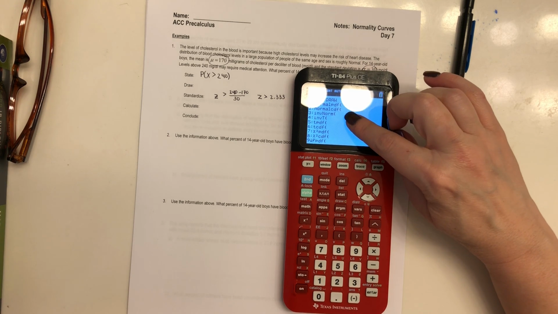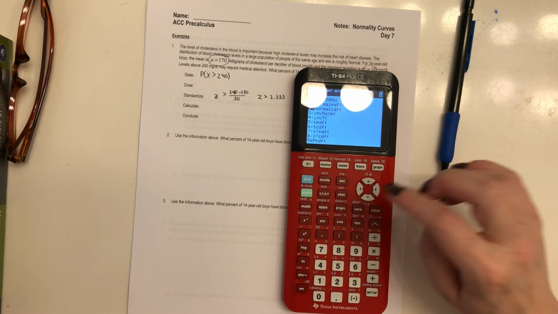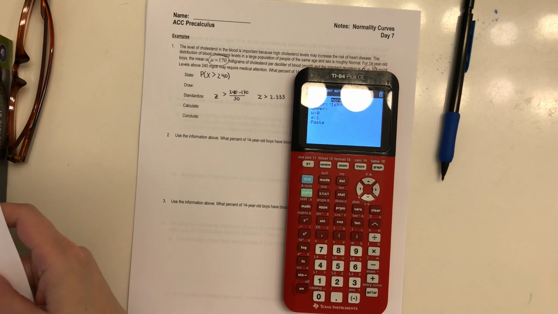Now there are two options for normal. Please only use CDF. If you use PDF, the answers are not right. Okay, so if you have the newer version of the calculator, don't worry folks who have the older version, I'm going to show you how to type it in too. Not a big deal. It's going to ask you to enter some information.